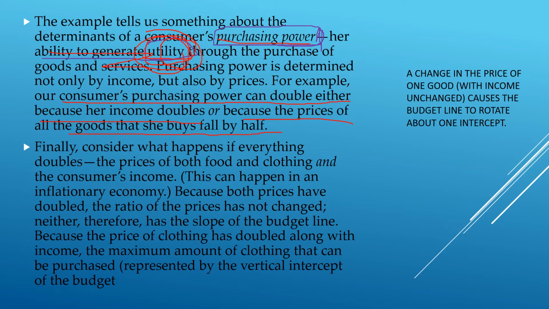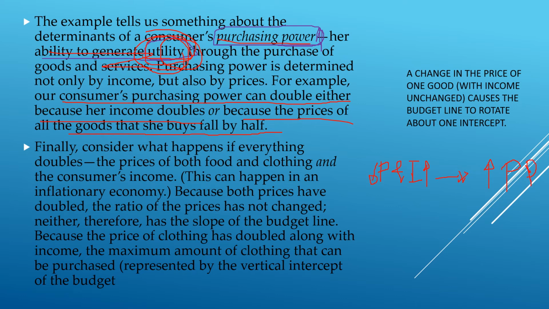So there are two possible effects if there is a change in our purchasing power. If the price decreases and your income also increases, then as a result there is an increase in your purchasing power.